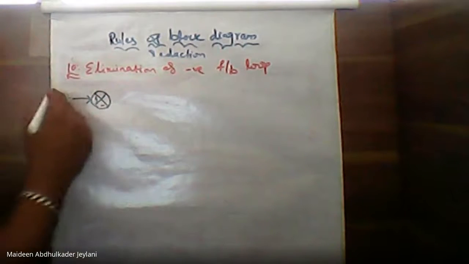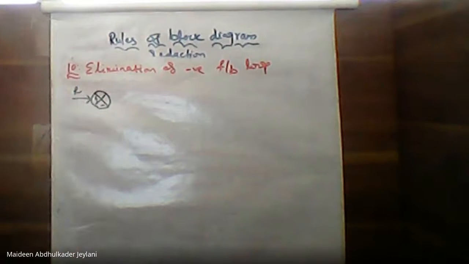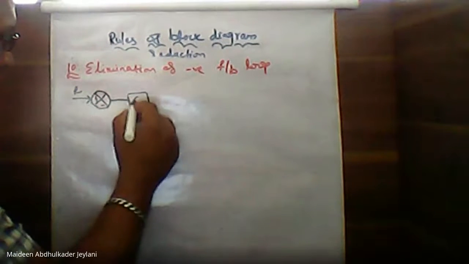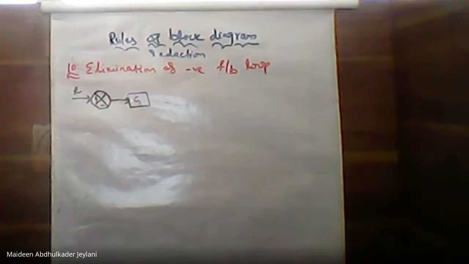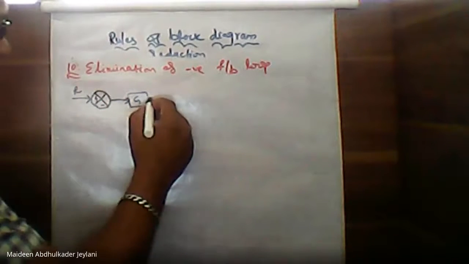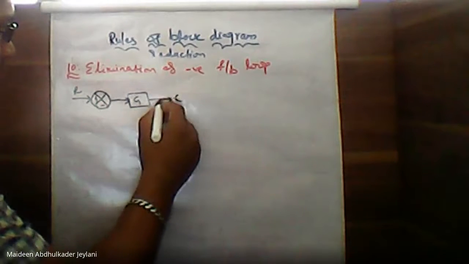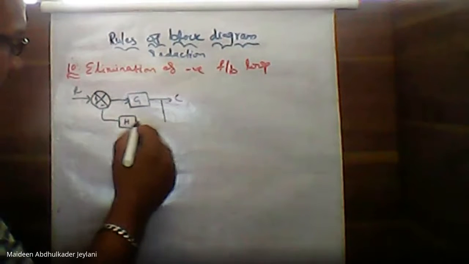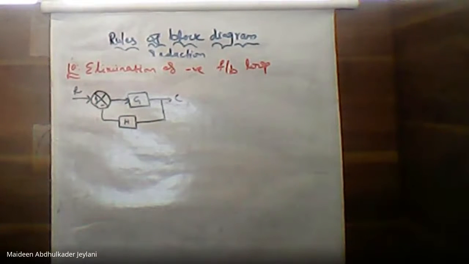Here our input is R. Here this will be going to G. Here that's going to be our final response as C. Here I have negative feedback system as negative feedback loop H.